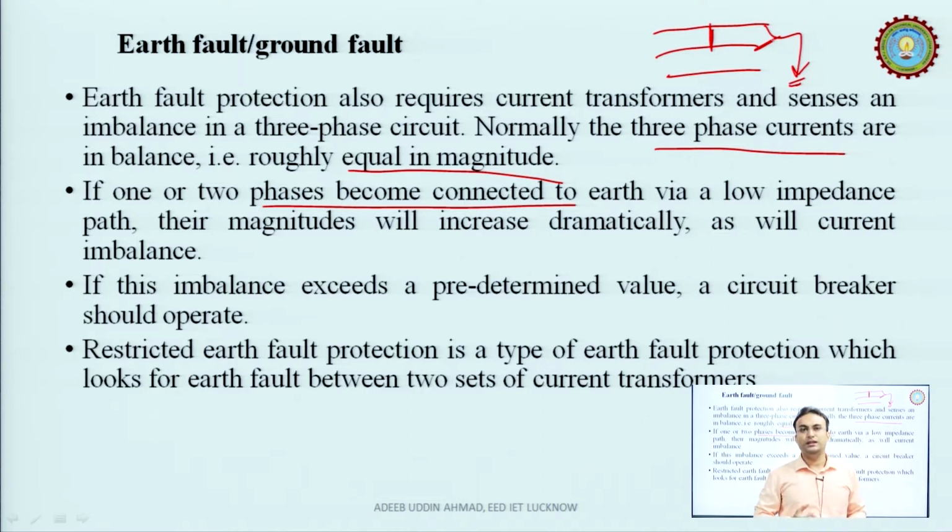If this imbalance exceeds a predetermined value, the circuit breaker will operate. Restricted earth fault protection is a type of earth fault protection which looks at the earth fault between the sets of current transformers.